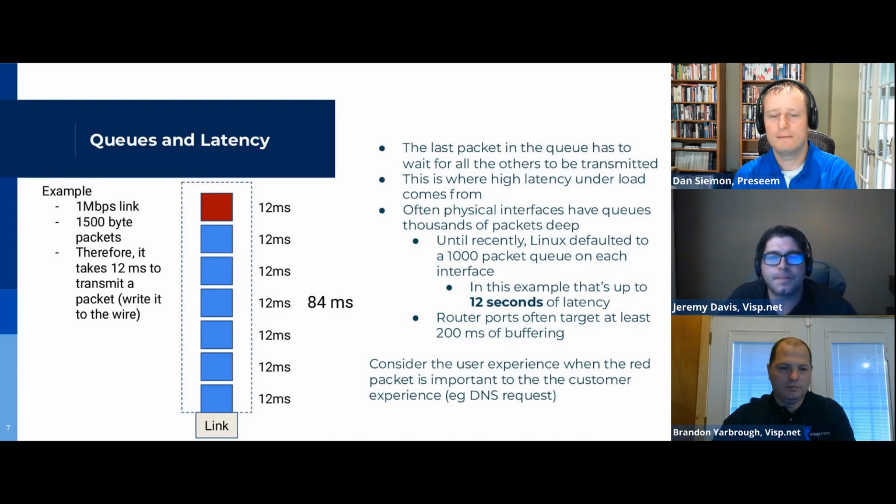Good. So yes, back to that concept of the bottleneck link. Ultimately, there are two ways to solve this. You either stay below the bottleneck link rate so the queue doesn't build, or wherever the bottleneck is, you do something smarter than a simple first in, first out.